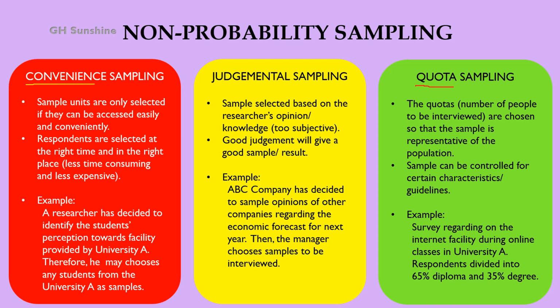For example, a survey regarding internet facility during online classes in University A. The respondents are divided into two categories, 65% diploma students and 35% degree students. This represents specific guidelines based on education level. So these are the three types of non-probability sampling.